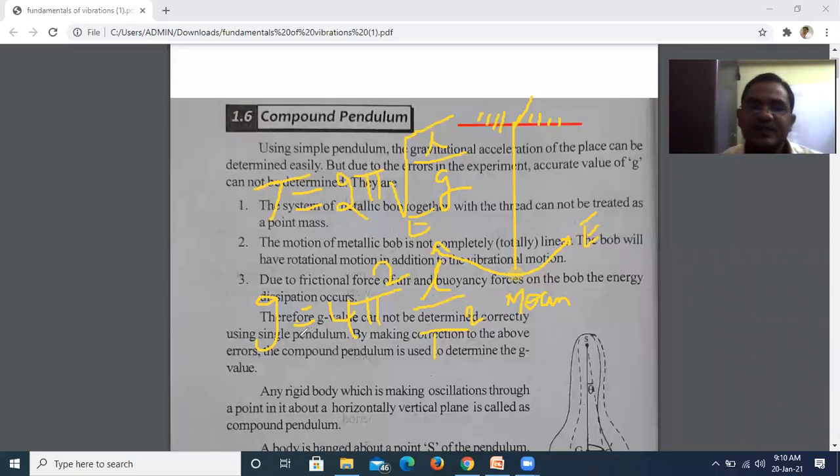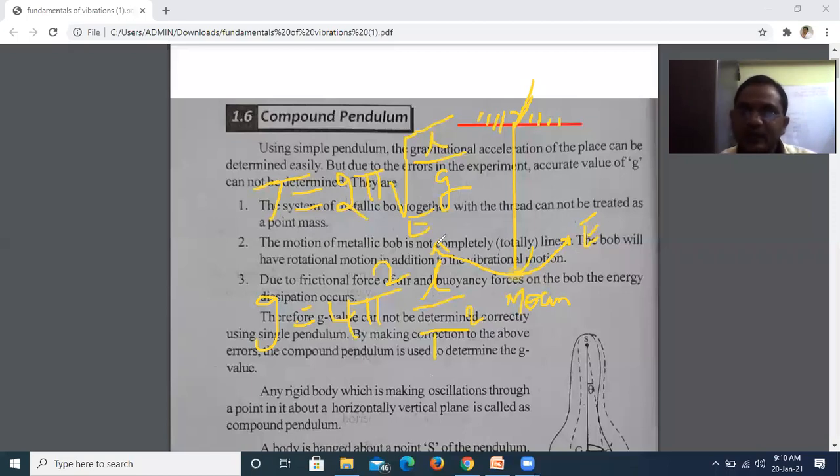In this expression, what is small l? L is the length of the pendulum, that is the distance between the point of suspension and the center of gravity of this ball. T stands for time period. Time period is the time taken to complete one oscillation.